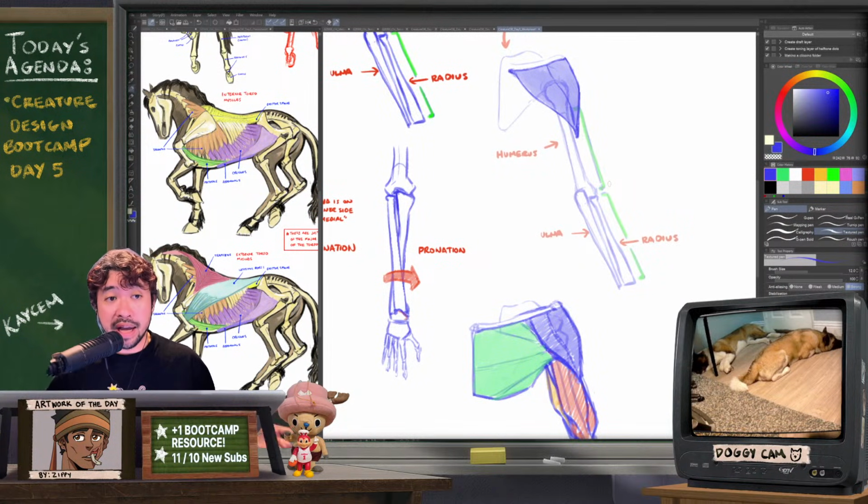But again, that's my opinion, right? The reason why I say it like that is because in my mind, it's not about learning the bones and the names of the bones. It's, again, learning about the functionality. The functionality in my mind is way more important to understand than just knowing the names and all that stuff.